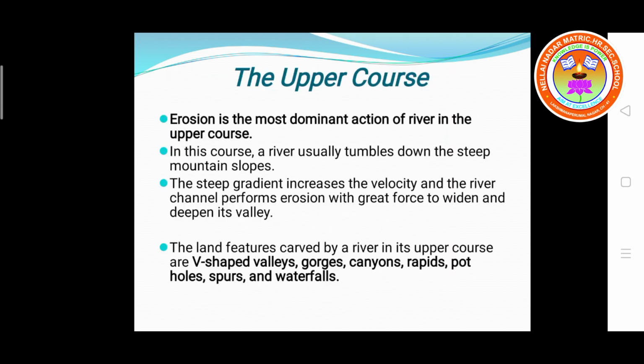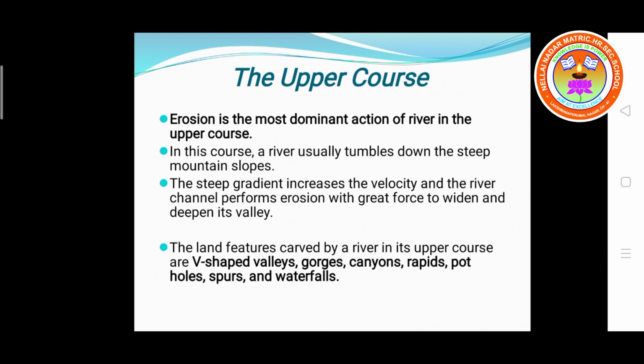The steep gradient increases the velocity. It comes from a very great height and comes very fast, and that is why we say it tumbles down. With the increase of the velocity, the river channel performs erosion with great force to widen and deepen its valley.